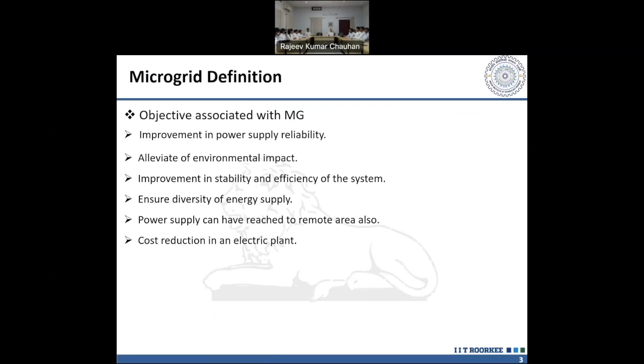So you have to lay a line of 100 kilometers where the population is hardly 1,000 persons. In that area, you can develop an indigenous power supply system, which will feed only that village. So you can access the remote area and supply electricity there at a very low cost. So the cost reduction in the electricity bill is also coming.